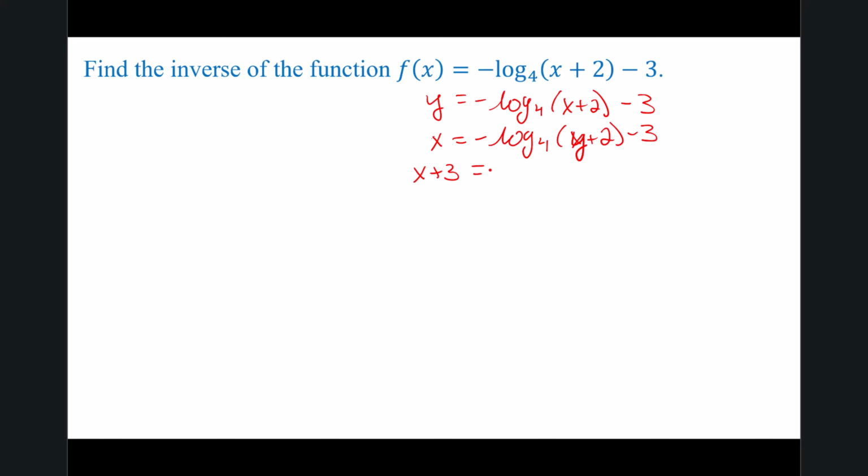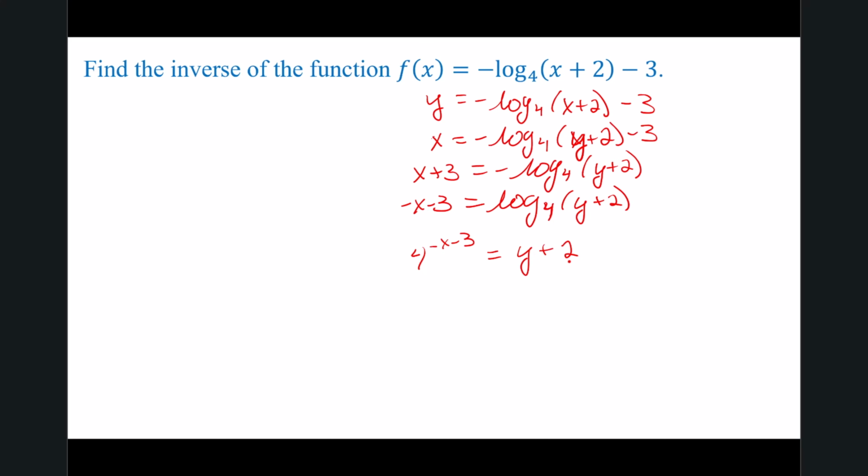X plus 3 equals negative log base 4 of y plus 2. Divide both sides by negative 1. And I have negative x minus 3 equals log base 4 of y plus 2. Now that the log part is by itself, I can write this in exponential form. So I have 4 to the negative x minus 3 equals y plus 2.